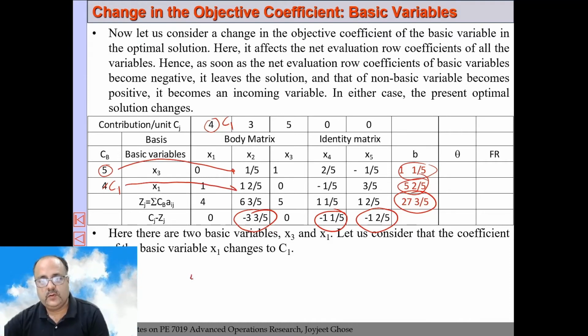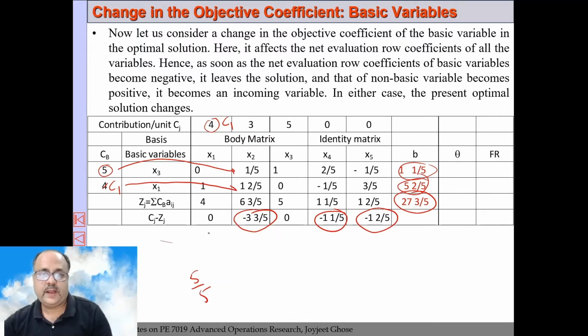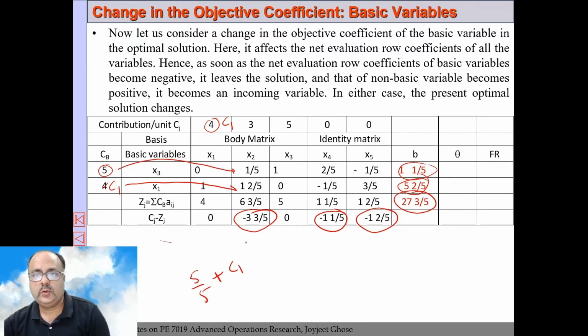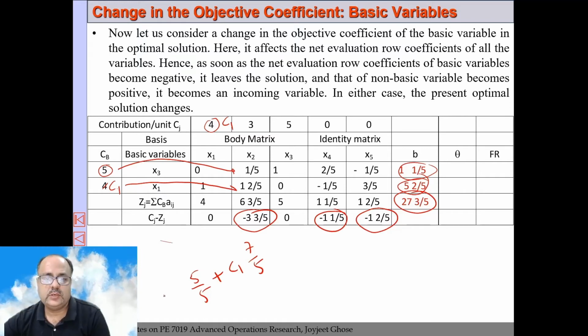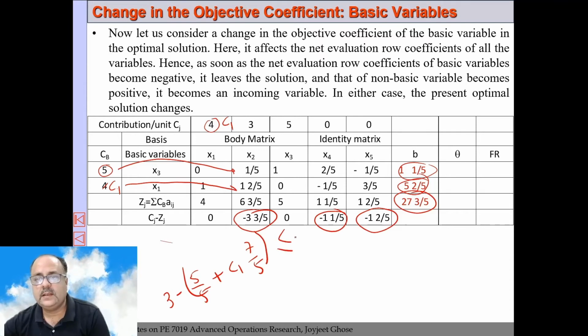So 5 into 1 by 5, so 5 by 5, plus here this will be c1 into 7 by 5. Okay, so 3 minus this thing should be less than or equal to 0.